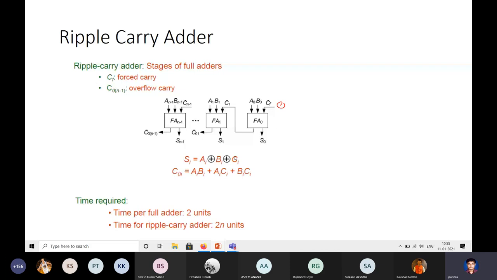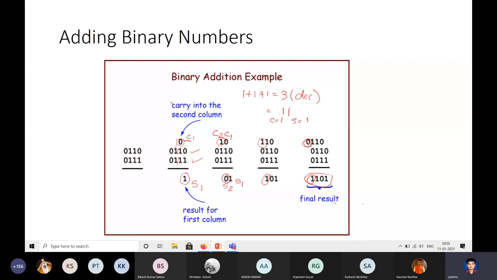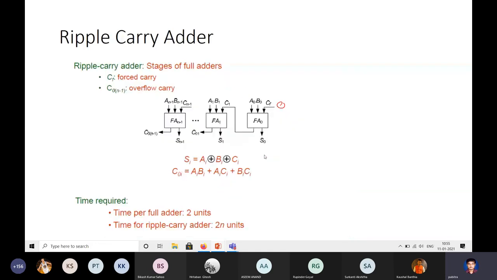So if we call Si the sum output of the ith stage, you can see the output sum Si is Ai XOR Bi XOR Ci, because each of these are full adders. The carry out of the ith stage, since these are again individually full adders, is Ai Bi plus Ai Ci plus Bi Ci.